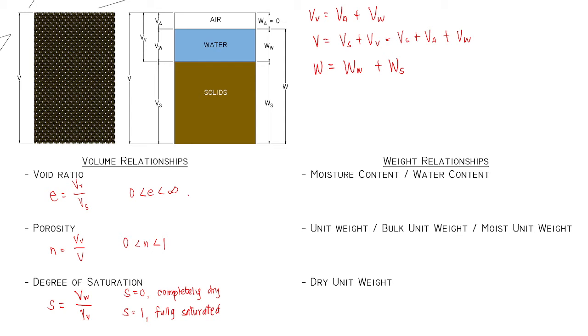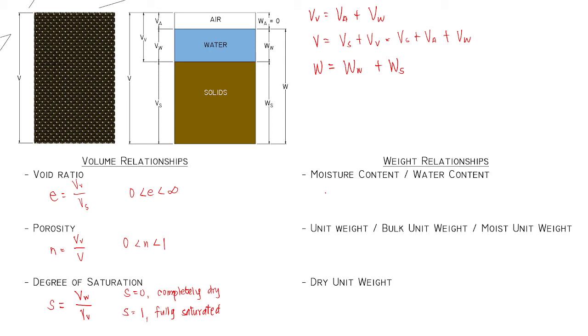So we have now discussed the volume relationships. We will proceed with the weight relationships. So the first weight relationship is the moisture content or water content.